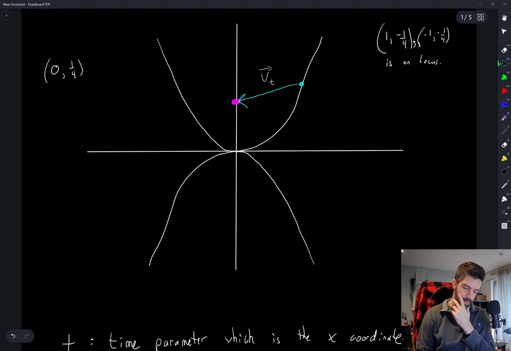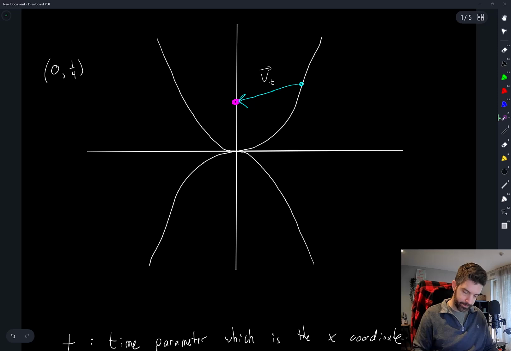By the way, hold on a second. I need to think about that again. Can this ever rotate by 90 degrees? This might be wrong. In fact, it probably is. Let me get rid of this. Because remember, I took that by saying this point dropped down.